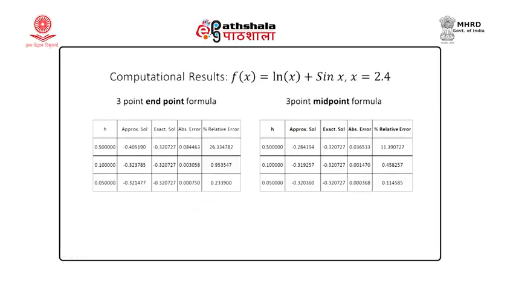So, computationally, let us have a look. We have computed using a program the estimate of the derivative by applying this 3-point midpoint formula as well as the 3-point endpoint formula using h equal to 0.5, h equal to 0.1 and h equal to 0.05. Let me make one more point clear.